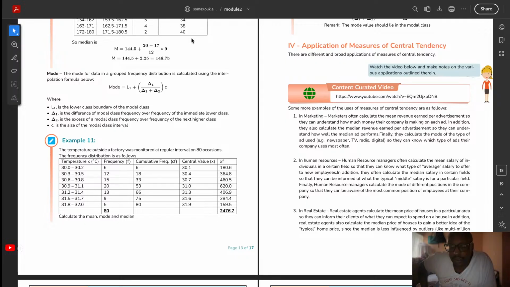In addition, they also calculate median revenue per advertisement so they can understand how the median ad performs. Finally, they calculate the mode of the type of ad used, e.g. newspaper, digital, so they can know which type of ad their company uses often.